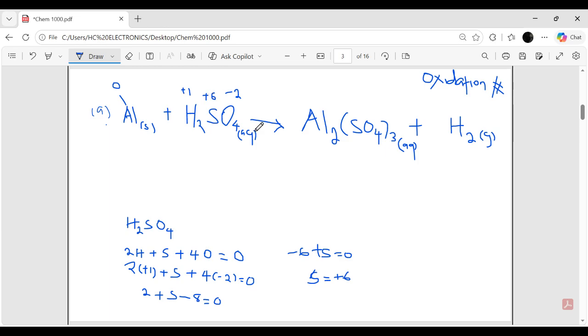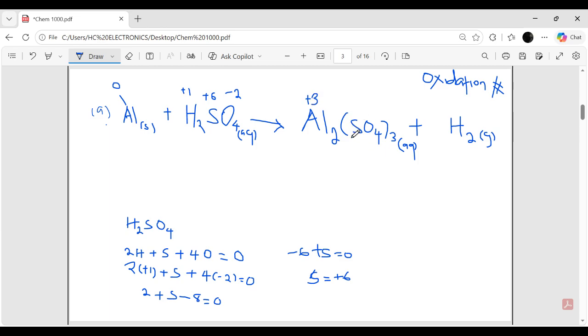So in this compound, sulfur has an oxidation state of positive 6. Okay, now when you go to the product side, here aluminium is in the compound, so you can't just say this one is zero. No, because it's part of the compound. You know that this one is a group 3 element, so this one has an oxidation state of plus 3.